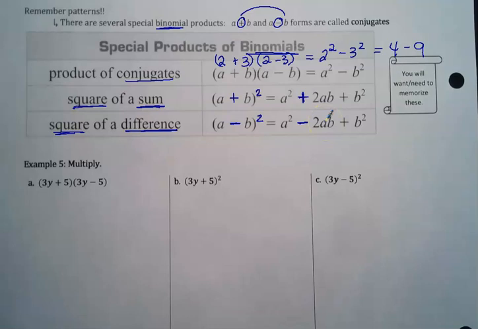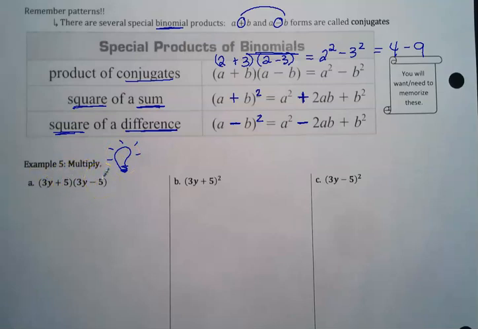Okay, so with that being said, example 5, we have an a, b, and a c. We're going to apply each of these special products of binomials. Okay, so the thing to do here is we can look and see and recognize this, like 3y plus 5, 3y minus 5. You should have light bulbs going off when you see, oh wait, these are the same, 3y and 3y, 5 and 5.